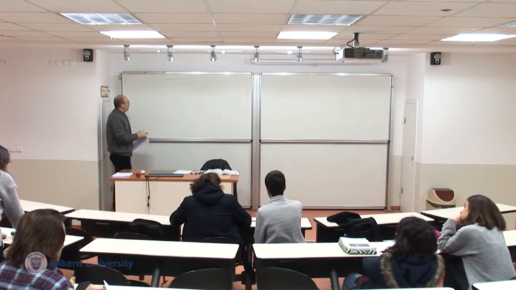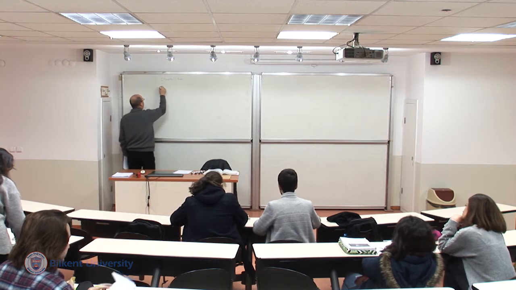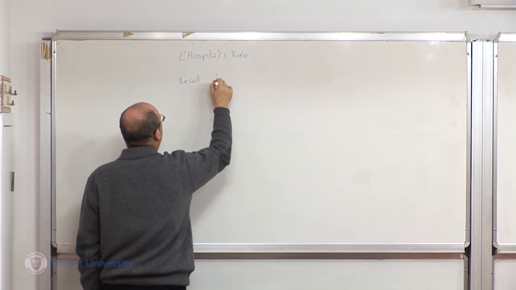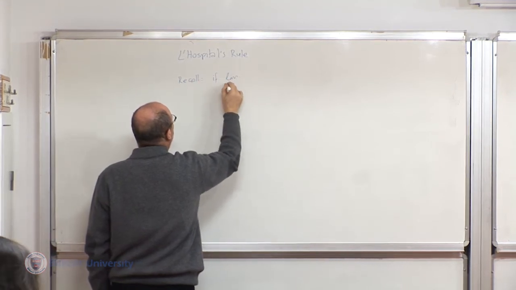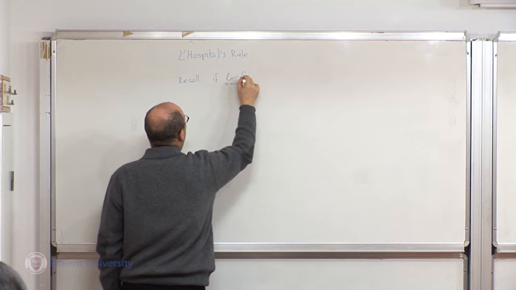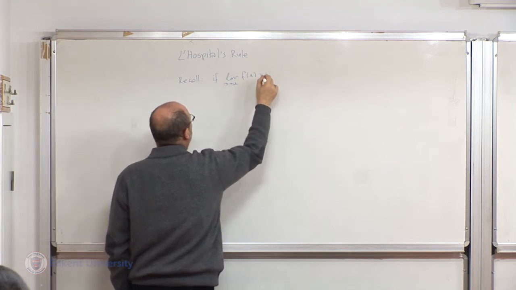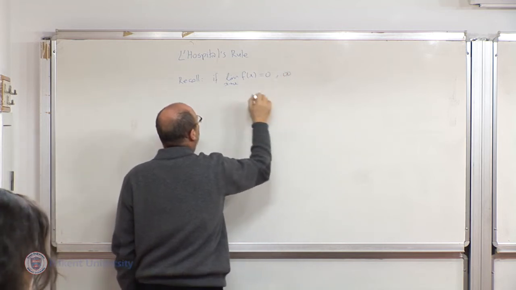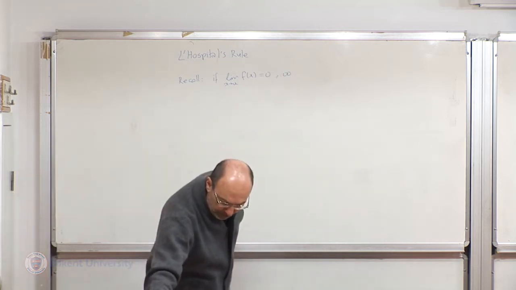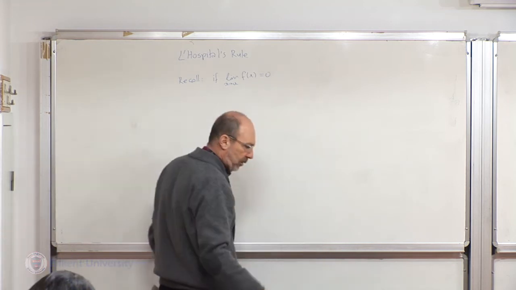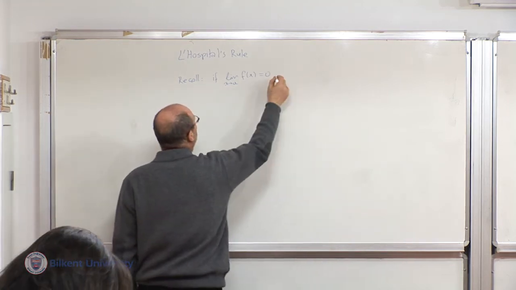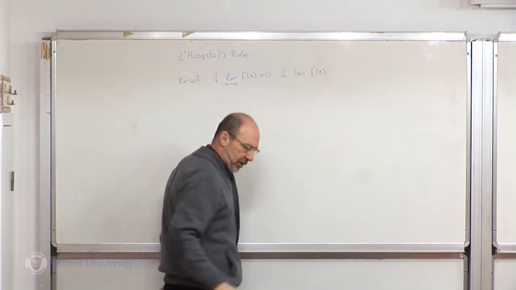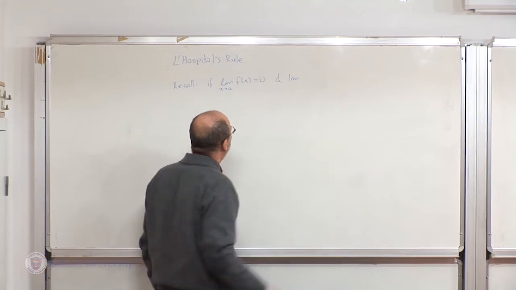Okay. So recall what the rule was. Recall if the limit as x goes to a of f of x is equal to 0 or infinite, and the limit of g of x as x goes to a is also 0 or infinite.